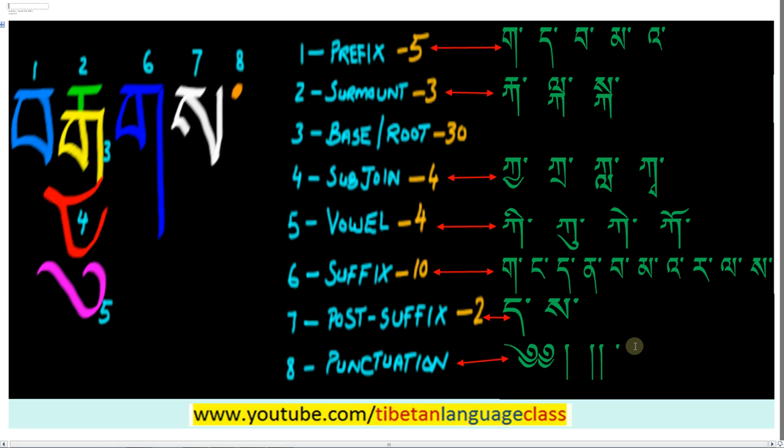So every syllable is distinguished by the tsheg. Every time you see a tsheg, that means that syllable ends.